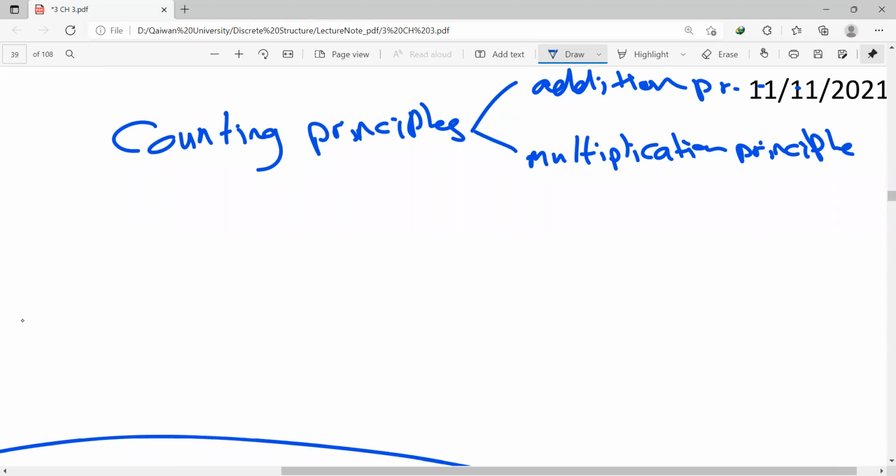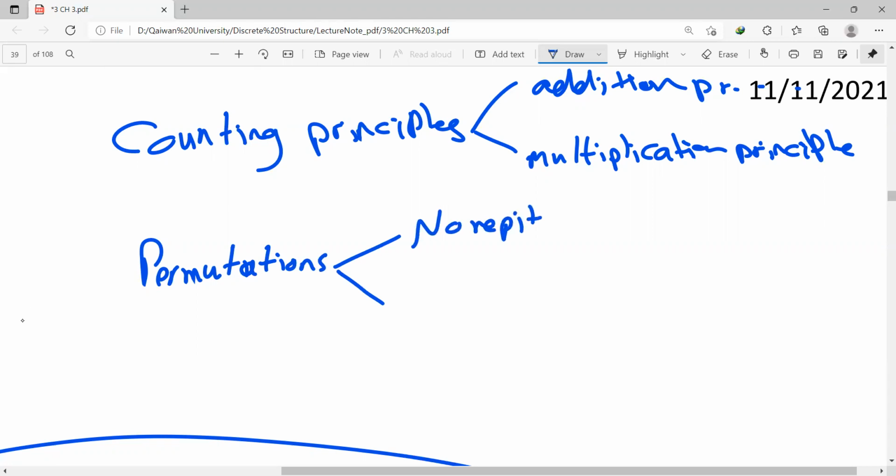And we also talked about permutations. In permutations, we have two ways: one of them if we have no repetition, and if repetition is allowed.